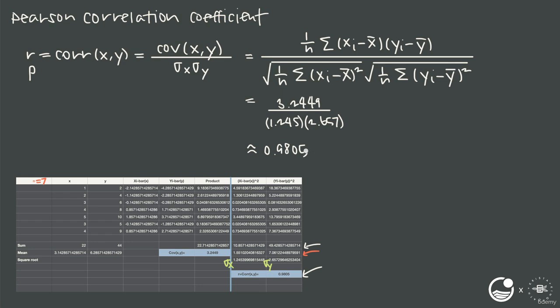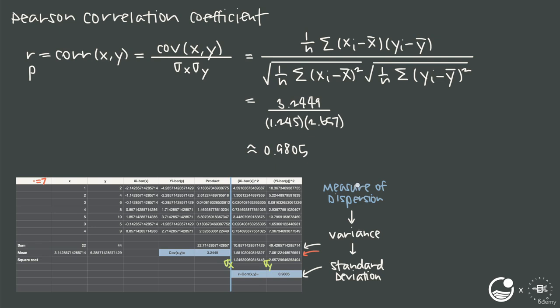If we think back to when we learned about variance and standard deviation for a single variable, we can think about it this way. When we were talking about variance and standard deviation, we had this business need to measure the dispersion or the spread of a single variable. And so we would calculate variance, which is a statistical measure of spread, but it's not as intuitive or helpful because it's not in the same units as the original data.